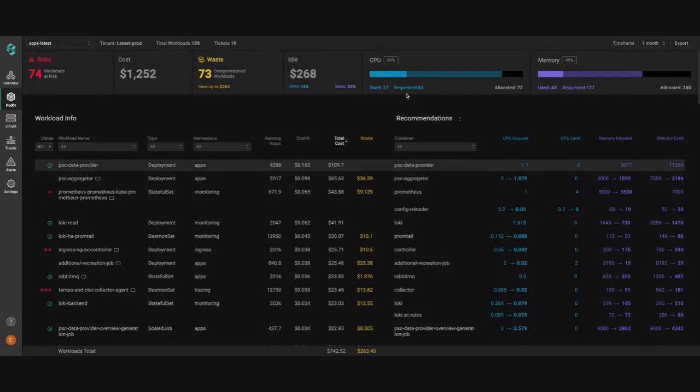But as you know, in Kubernetes you have to define the resources for each and every container that you are running. Those resources, the allocations, or the requests and the limits, are usually set by service owners. The service owner is expected to know how much resources they actually need to run their application.